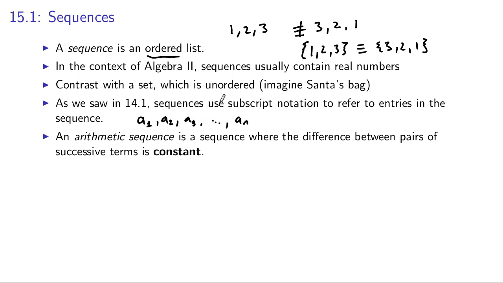We use the subscript notation to indicate the different entries, or terms, in the sequence. An arithmetic sequence is a sequence with a constant difference between the pairs. The arithmetic difference, the subtraction, is constant. So for instance, just real quick, 1, 2, 3, and so on is an arithmetic sequence, because the difference between each number is 1, which is a constant.